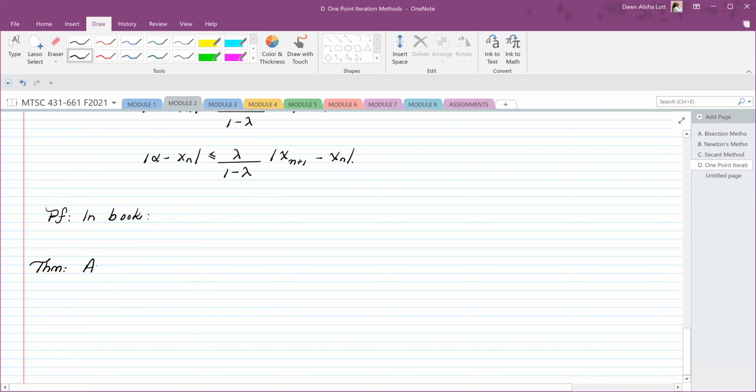Theorem. So assume G of X is continuously differentiable on the interval AB, and that G of the interval AB goes back into the interval AB.